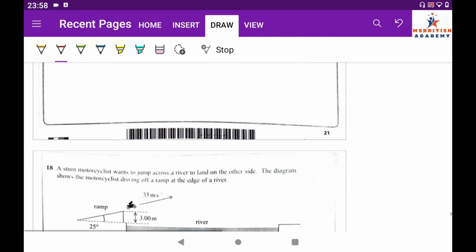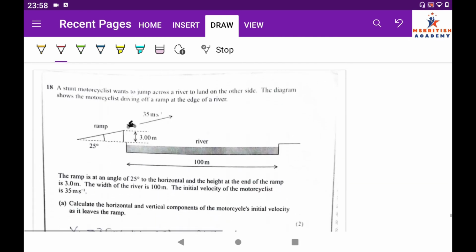Now question number 18. A stunt motorcyclist wants to jump across a river. This is the river that the biker wants to jump, because there is no way to cross.